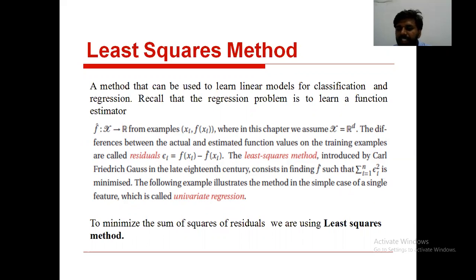For each instance, we are calculating epsilon. Epsilon indicates the residuals. We are calculating the squares of the residuals, right? These residuals belong to the instances on the instance space.